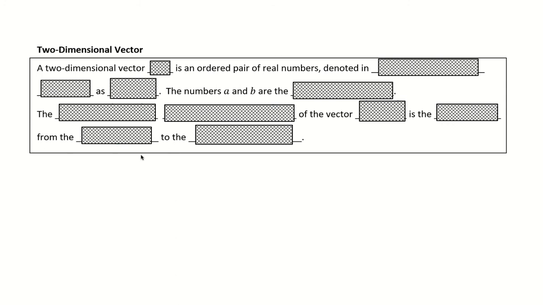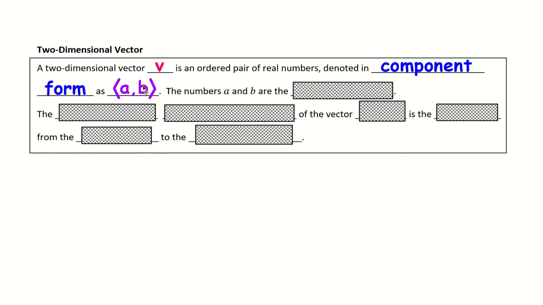So, two-dimensional vectors. Let's kind of breeze through this. A two-dimensional vector, v, is an ordered pair of real numbers denoted in component form as that. So there it is. There's component form with those special grouping symbols for vectors.